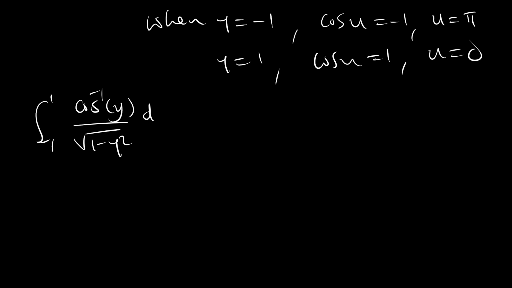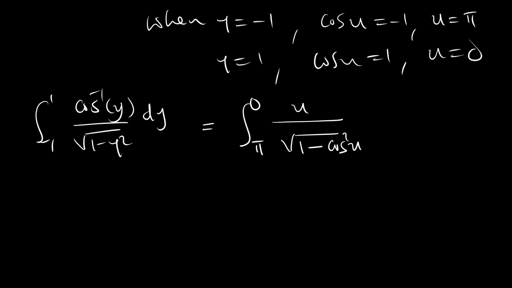1 minus y squared dy would be equal to the integral from pi to 0 of u over square root of 1 minus cosine squared u, and this dy is negative sine u du.